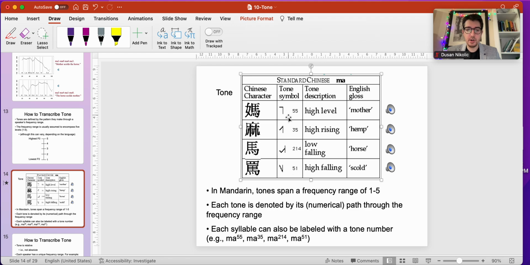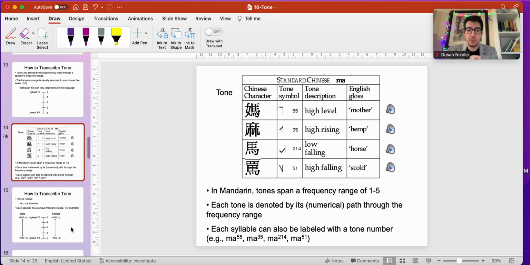The vertical bar represents the frequency range, so 1 to 5 for each one, and it's the same. But this line that hits the vertical bar shows you how the tone moves, right? And where it starts, where it moves. So it's easy to kind of memorize them like that. All right. Yeah, that's all I'm going to say about Mandarin tones for now.